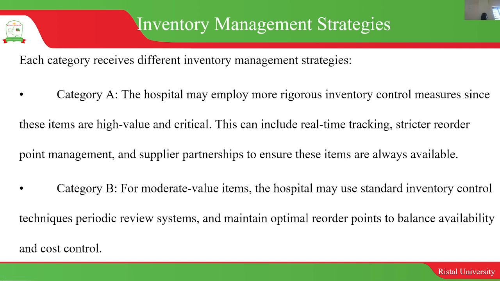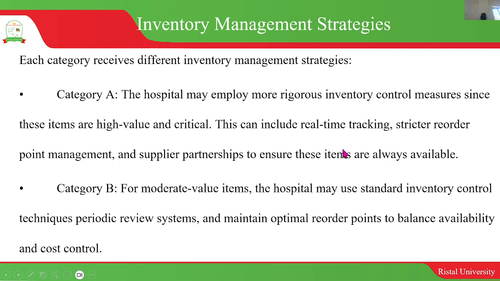Inventory management strategies. We said each category receives different inventory management strategies. Of the three we have seen, for category A, the hospital may employ more rigorous inventory control measures since these are high value and critical items. This can include real-time tracking, stricter reorder point management, and supplier partnerships to ensure these items are always available.